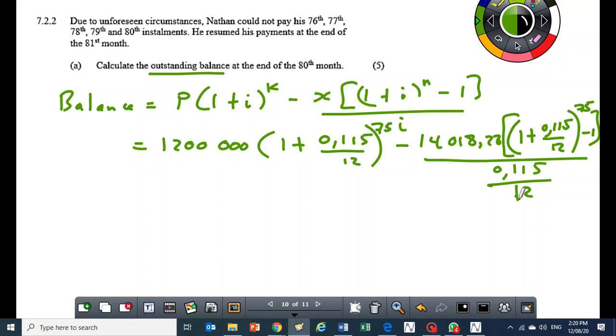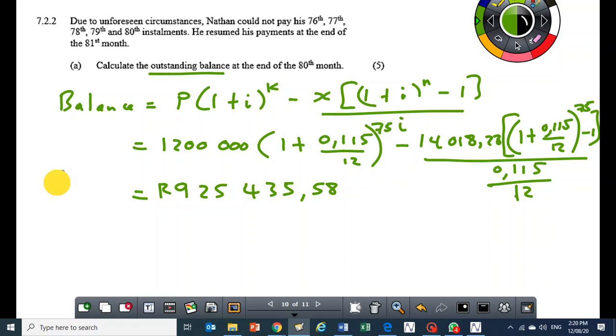Remember, this is the balance outstanding after the 75th payment. So, what answer do you get? 925,435.58.